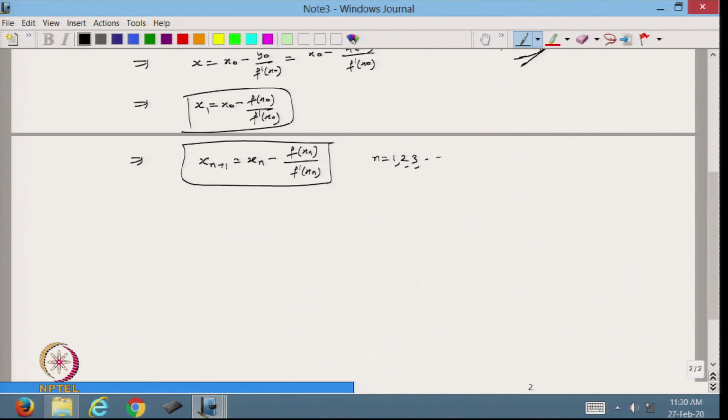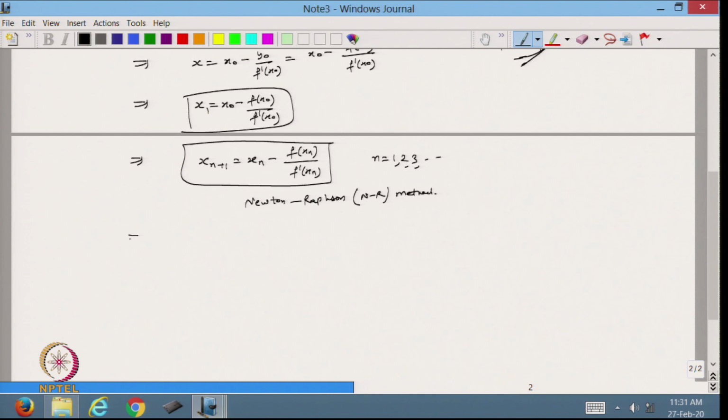This iterative process is called the Newton-Raphson method, the NR method. I give the value of the function and its derivative, and then through the iterations I approximate the given root.